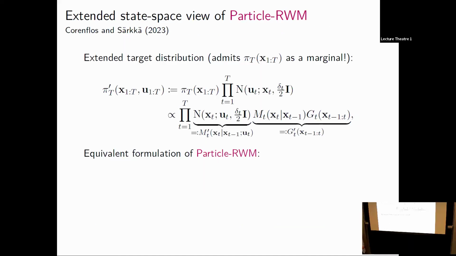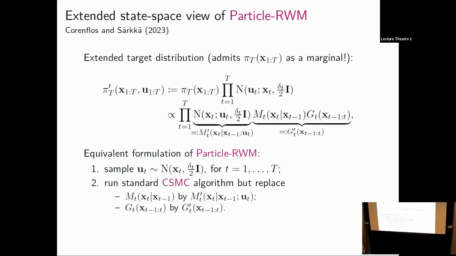And one really nice interpretation from Adrian's paper is that you can interpret this as an auxiliary sampler, in the sense that conditional on having introduced all these auxiliary variables u, it becomes just a standard conditional SMC algorithm targeting a slightly modified model.